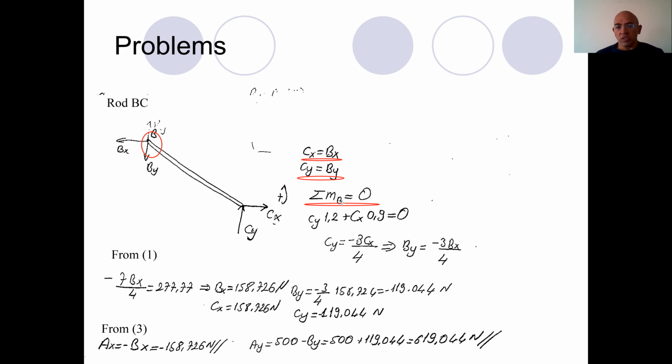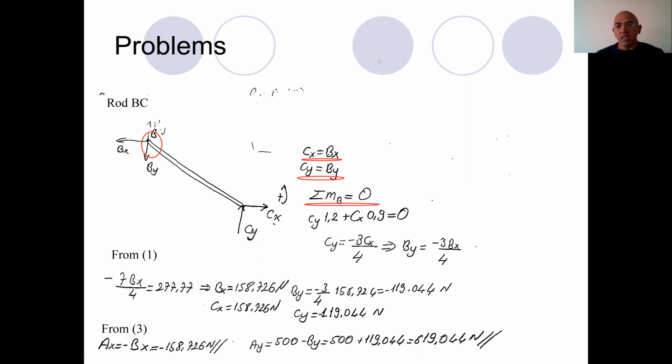So sum of the moments with respect to point B is equal to 0. So from here, Cy multiplied by 1.2 plus Cx multiplied by 0.9 has to be equal to 0. Now this tells us something. Cy is equal to minus 3 over 4 Cx. And from here, we can easily say that By is equal to minus 3 over 4 Bx.